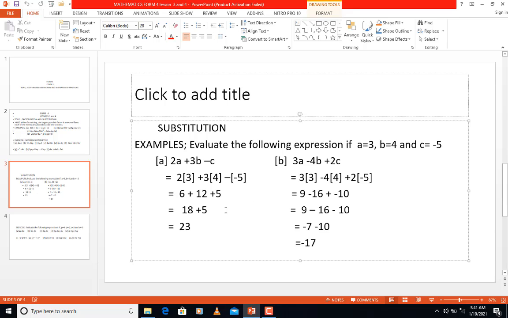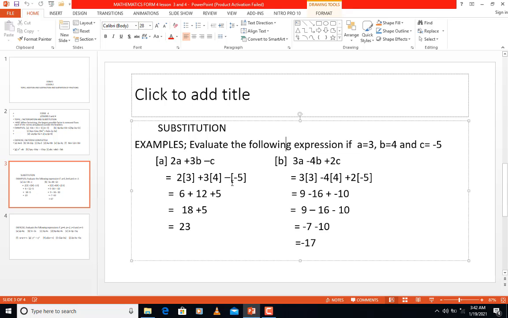The trick in this concept: when you are removing, please do not just multiply quickly. For instance, here you say 2 times 3, then you quickly get 6. Sometimes you can make mistakes in calculations, which will end up giving you a wrong answer. So I encourage you to introduce these brackets. They are very important.